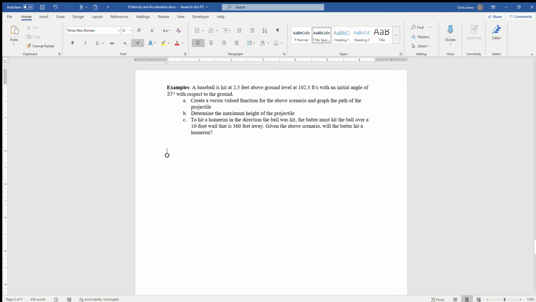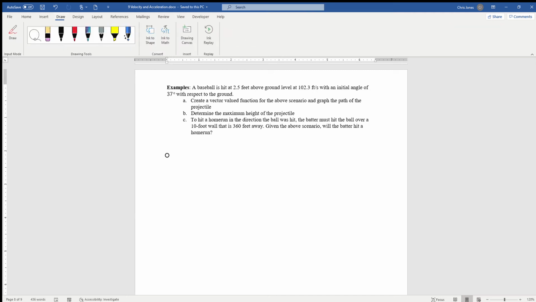Our function, which we can call r of t, is going to be equal to the initial velocity, which is 102.3, times the cosine of the angle, which is 37 degrees, times t, and that's in the i direction.